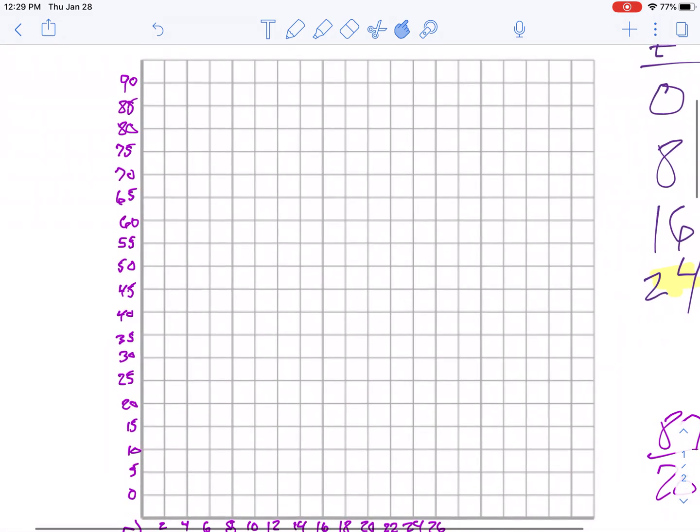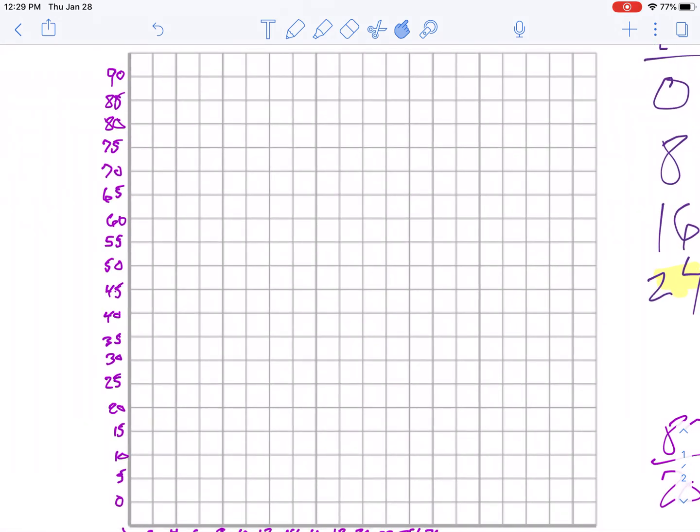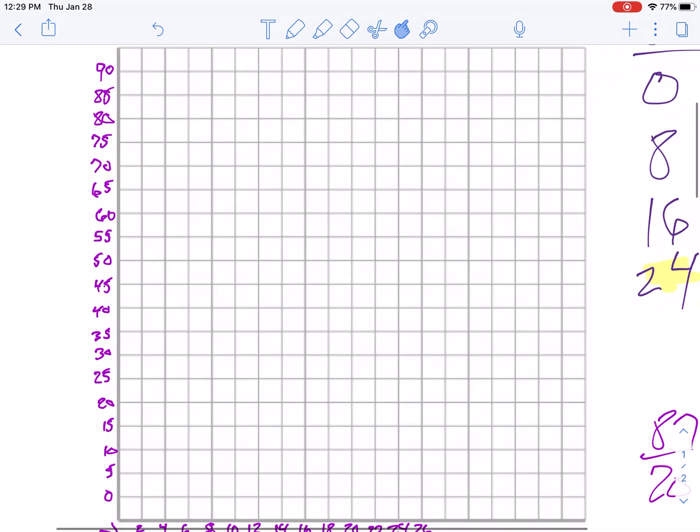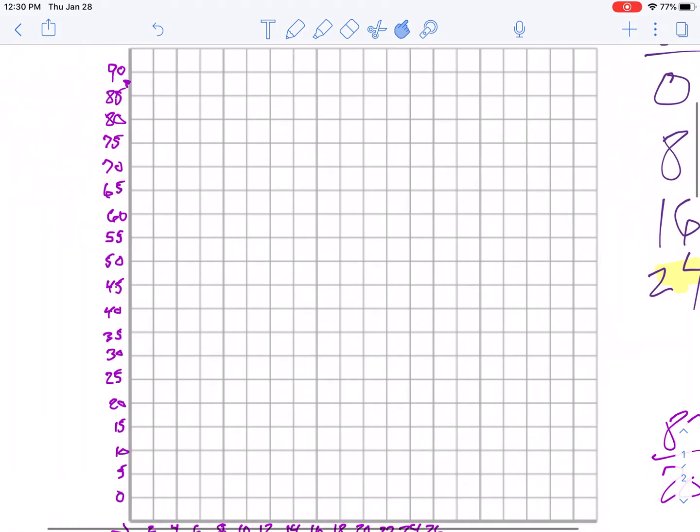Now what do you do because you're at 87? Well, you estimate. We know 87 is between 85 and 90, don't we? So I'm going to go up here to 0, and I'll go 87 right there. Then if we go to 8 and 82, so here's 8, I'm going to go up to 82 about.